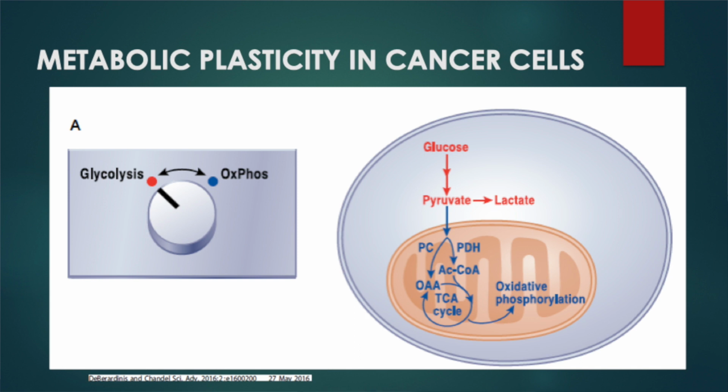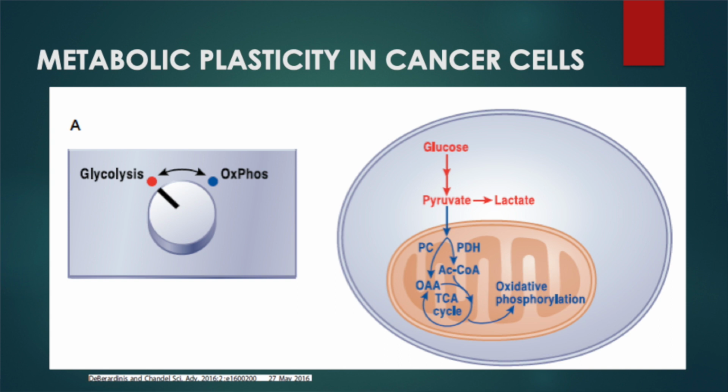This is because of a phenomenon called metabolic plasticity, that is, cancer cells can shuttle between aerobic glycolysis, or the Warburg effect, and oxidative phosphorylation for their energy requirements. The glycolytic pathway is given in red, and oxidative phosphorylation is given in blue in this cartoon. You can see that oxidative phosphorylation takes place within the mitochondria.